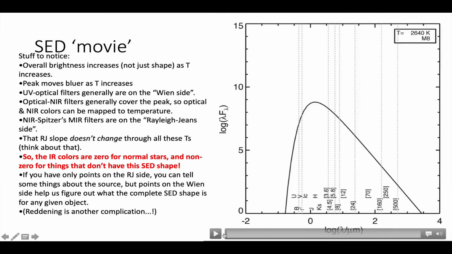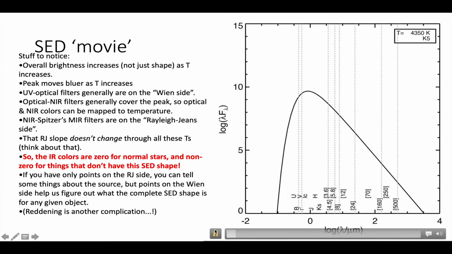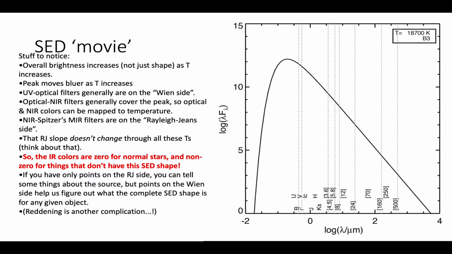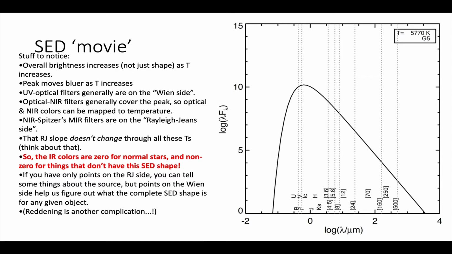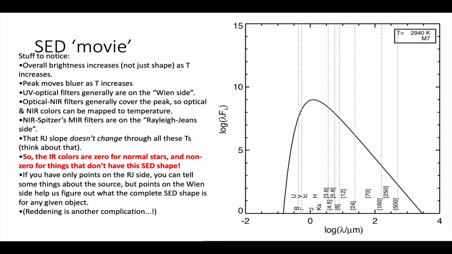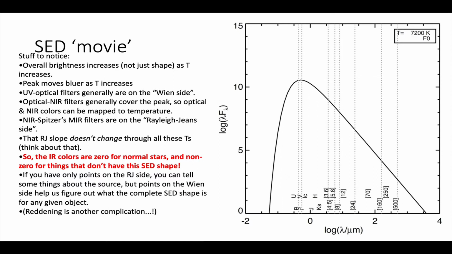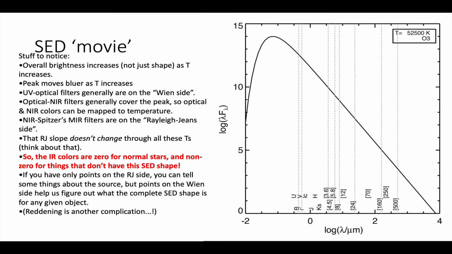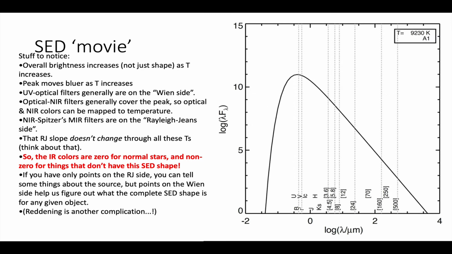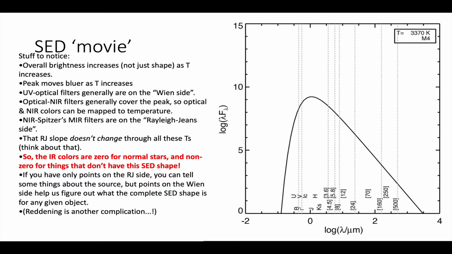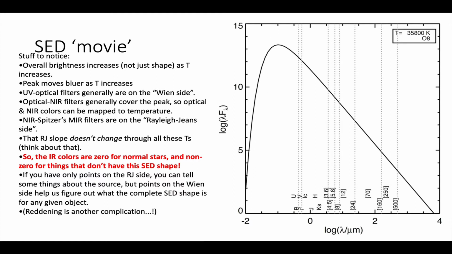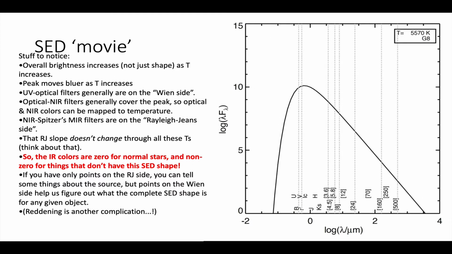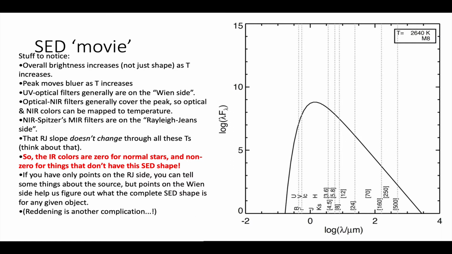So here I have a movie of SEDs. There's lots and lots of really important things embedded in this movie. So let's try to dissect what we're looking at. The y-axis is lambda f lambda, so it's a spectral energy distribution. And the x-axis is wavelength. It's log-log, and so it's got that distinctive black body shape. I have plugged in an array of temperatures and calculated the black body curve.